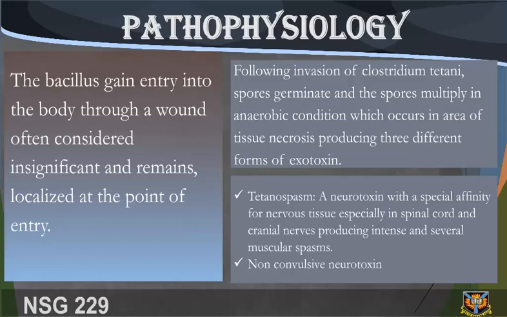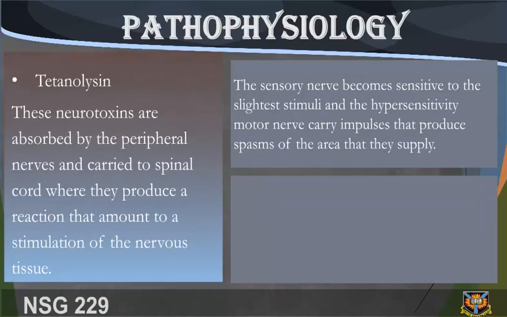Tetanospasm, a neurotoxin with a special affinity for nervous tissue, especially in the spinal cord and cranial nerves, producing intense and severe muscular spasms. Non-convulsive neurotoxin. Tetanolysin.